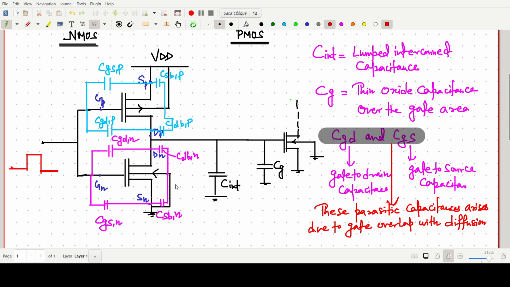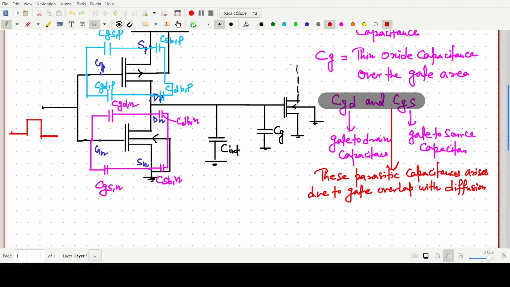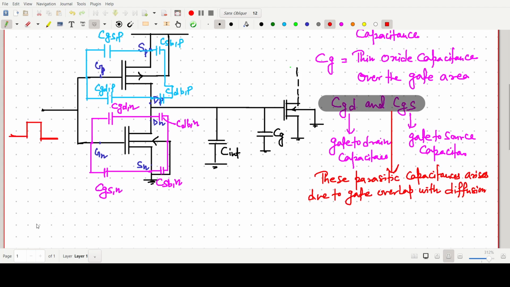Clear? Now, the other ones. These are the subcapacitances, and drain to bulk of P, source to bulk of P, we have already written. Now to analyze the voltage waveform, the total capacitance at the load we can write as C load.